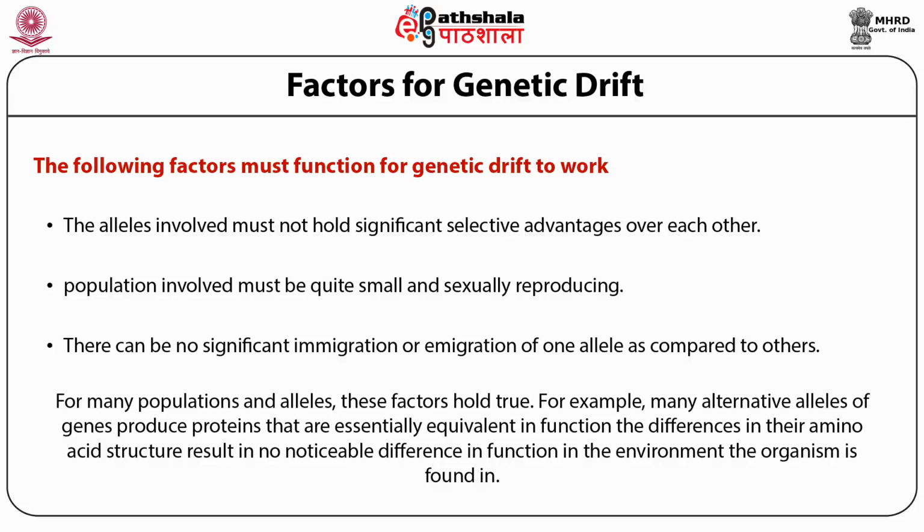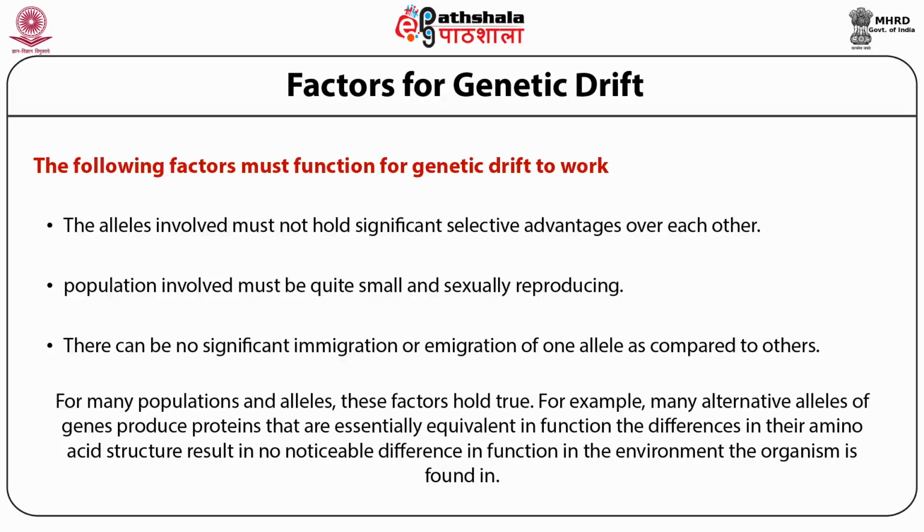For example, many alternative alleles of genes produce proteins that are essentially equivalent in function. The differences in their amino acid structure result in no noticeable differences in function in the environment the organism is found in. In the recombination process, there are two events that can easily affect the frequency of alleles in a small population: the reductive division of meiosis and syngamy.